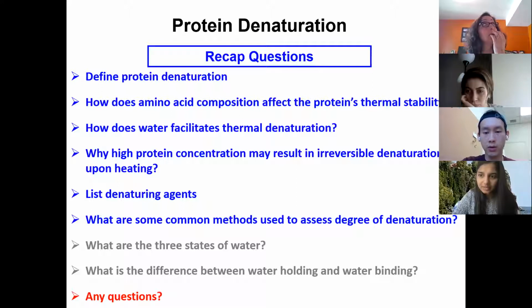IR spectroscopy? It won't tell you the sequence of amino acids. LC-MS can give you the sequence, but that's when you do ladder sequencing.